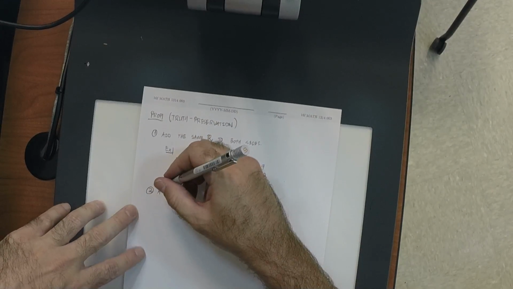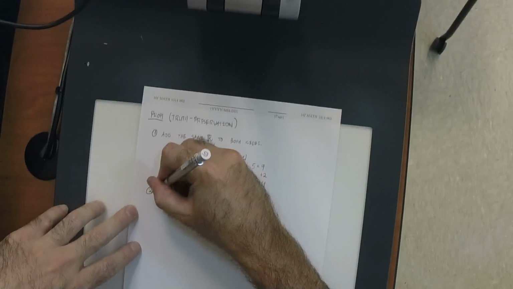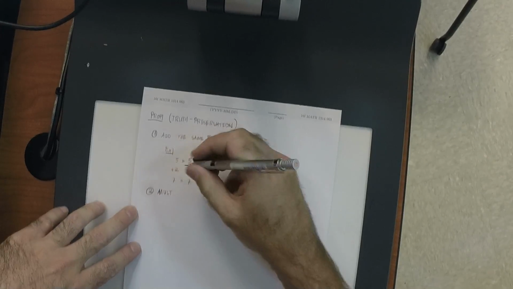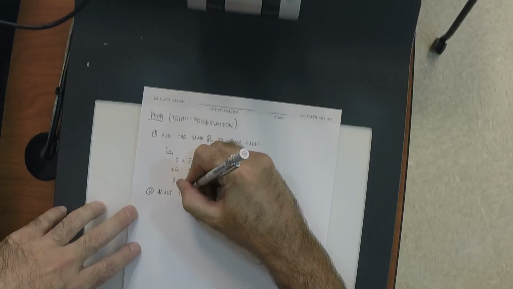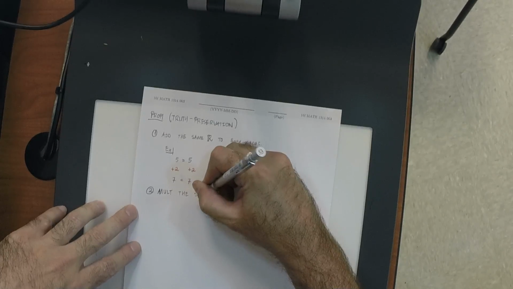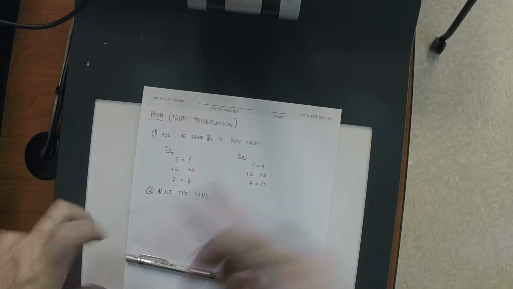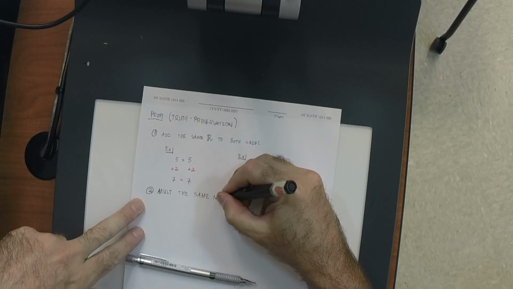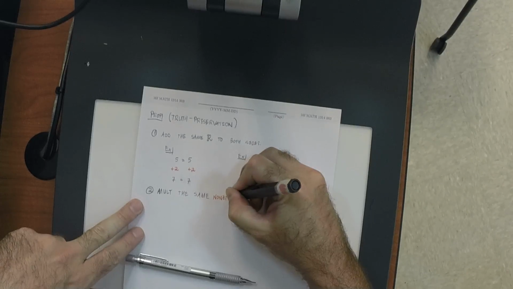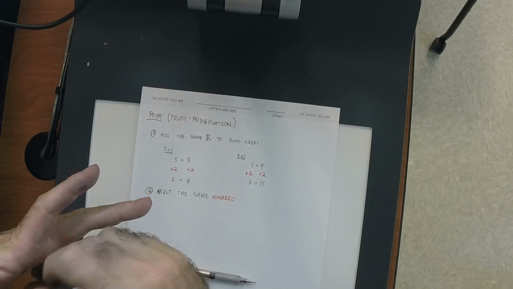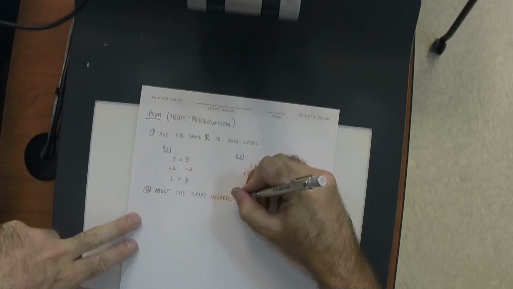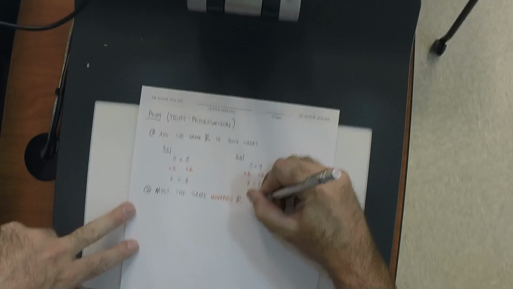So we could multiply the same non-zero real to both sides. It's important, so I wrote it in red.